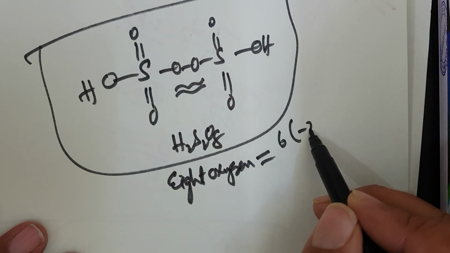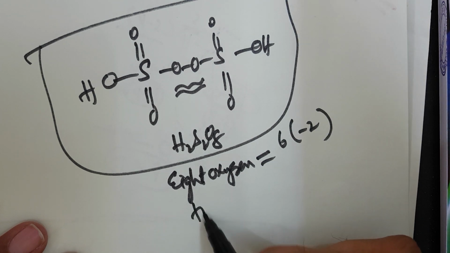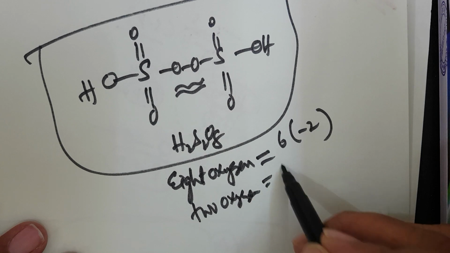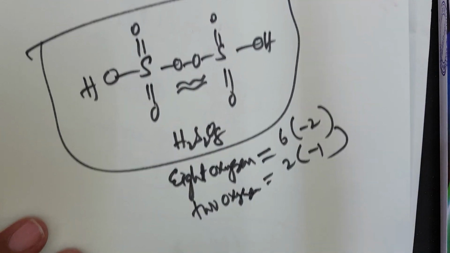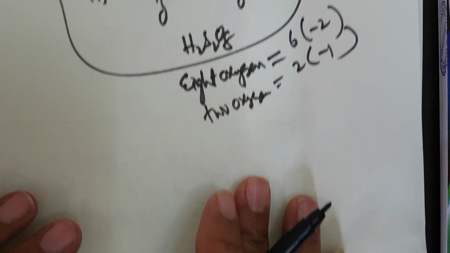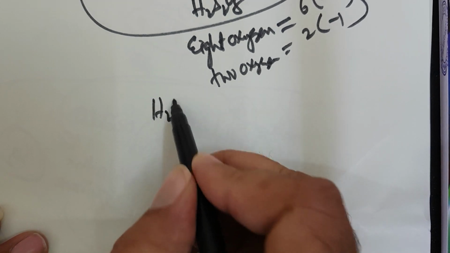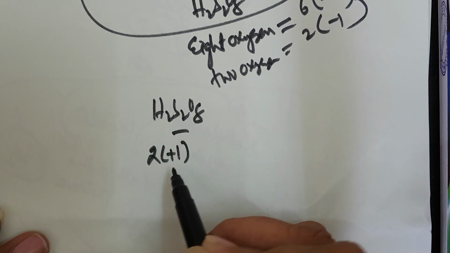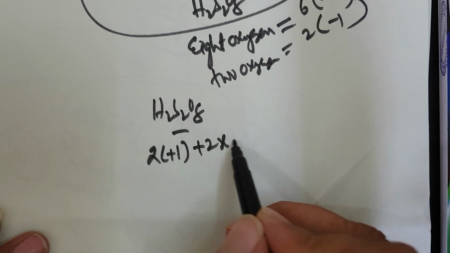6 oxygens show -2, and 2 oxygens show -1. So now you can calculate the oxidation number of sulfur in H2S2O8. Hydrogen +1, 2 into +1, plus 2x.